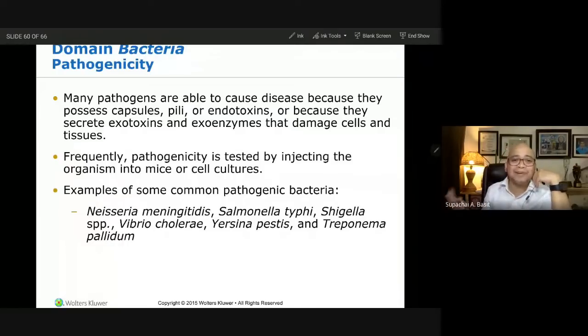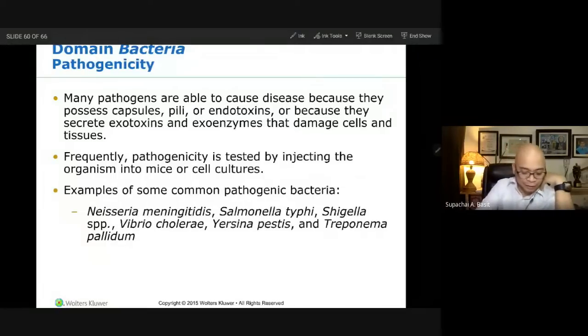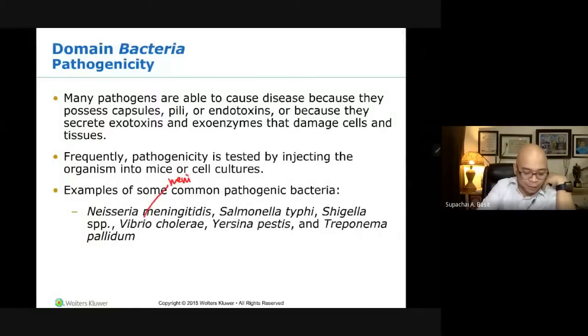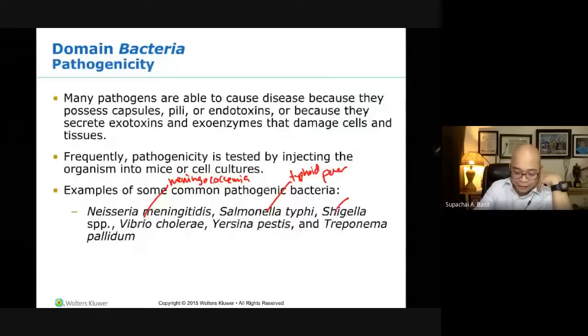So examples of pathogenic bacteria: Neisseria meningitidis, this one can cause meningococcemia. Salmonella typhi can cause typhoid fever. Shigella can cause bacillary dysentery.